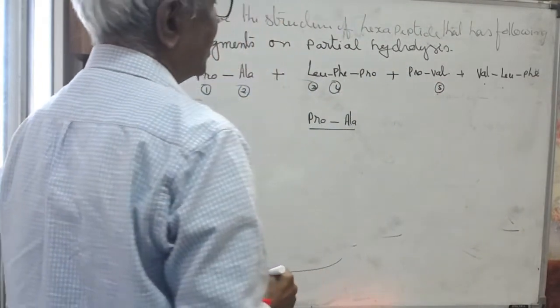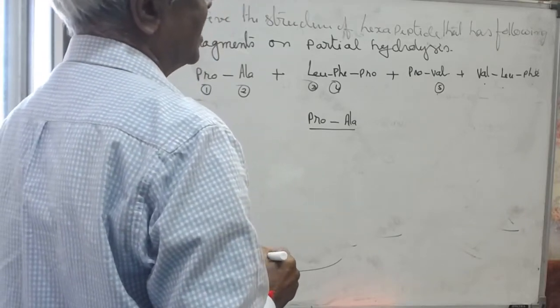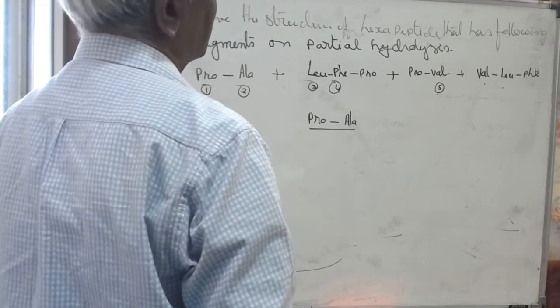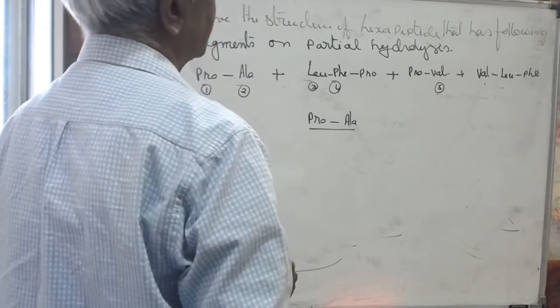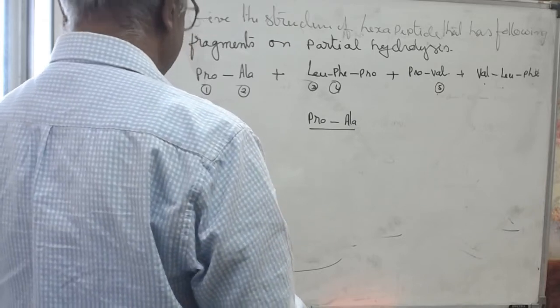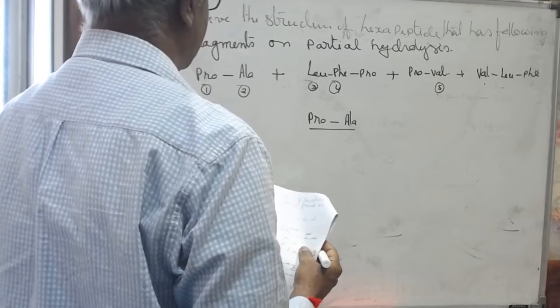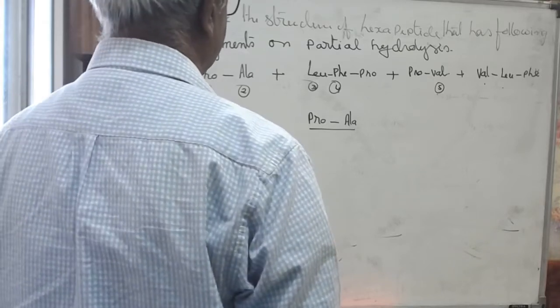So only 5 are there, but it is a hexapeptide, which means you should understand one amino acid is repeating twice. So who is repeating twice, that you have to see.